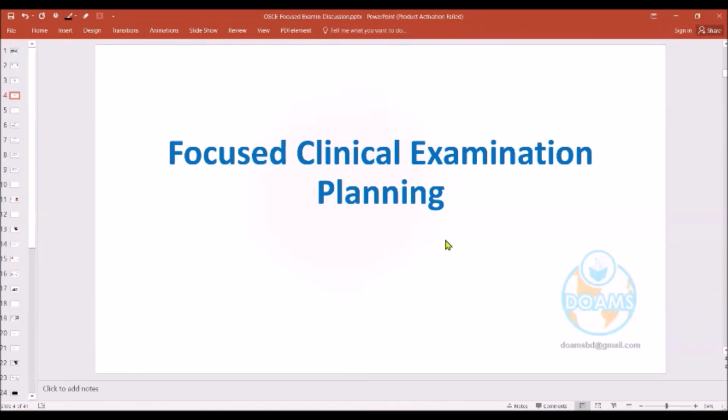Try to understand the word planning of focused clinical examination. It's not simply doing some clinical examination, what we have learned in our graduation life, or even in post-grade examination like the PACES exam, for example, in the MRCP.